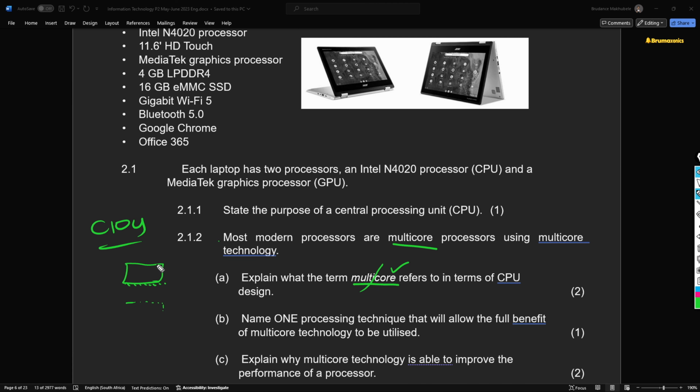And with a multi-core CPU, it means that you can handle multiple tasks concurrently or simultaneously. And with that, it means that the system will definitely run faster as you are actually using simultaneous processing.